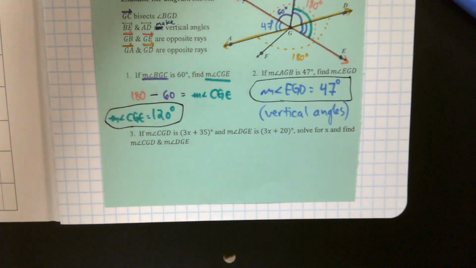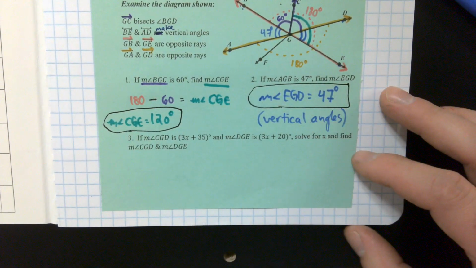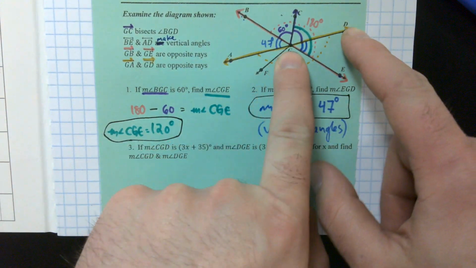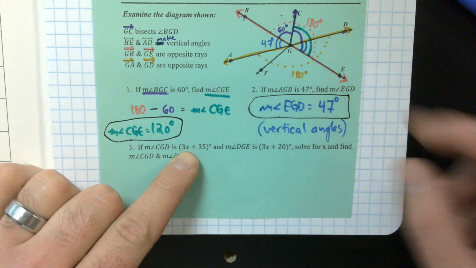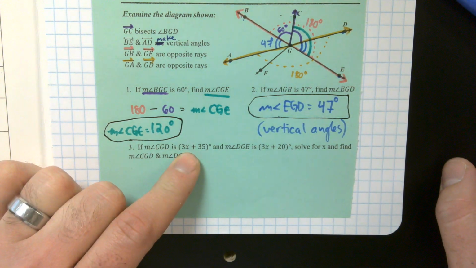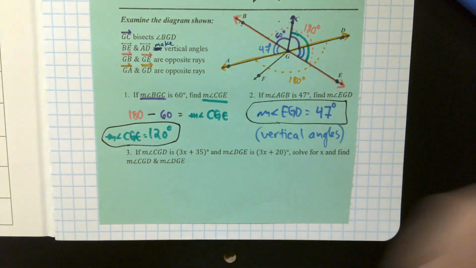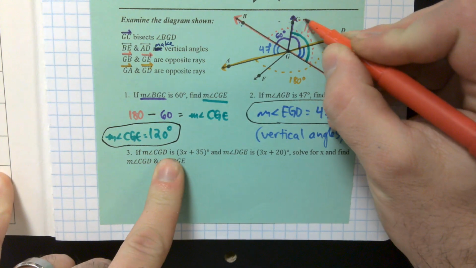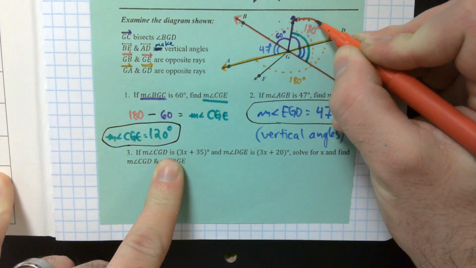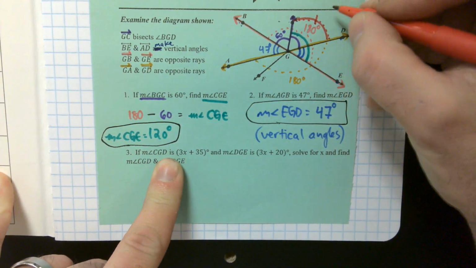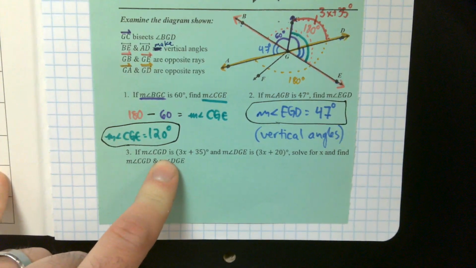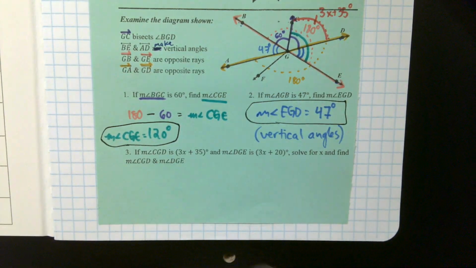That's all right. Number 3, if measure of angle CGD, where is CGD? CGD, okay. If CGD is 3x plus 35 degrees, uh-oh. So CGD is 3x plus 35.